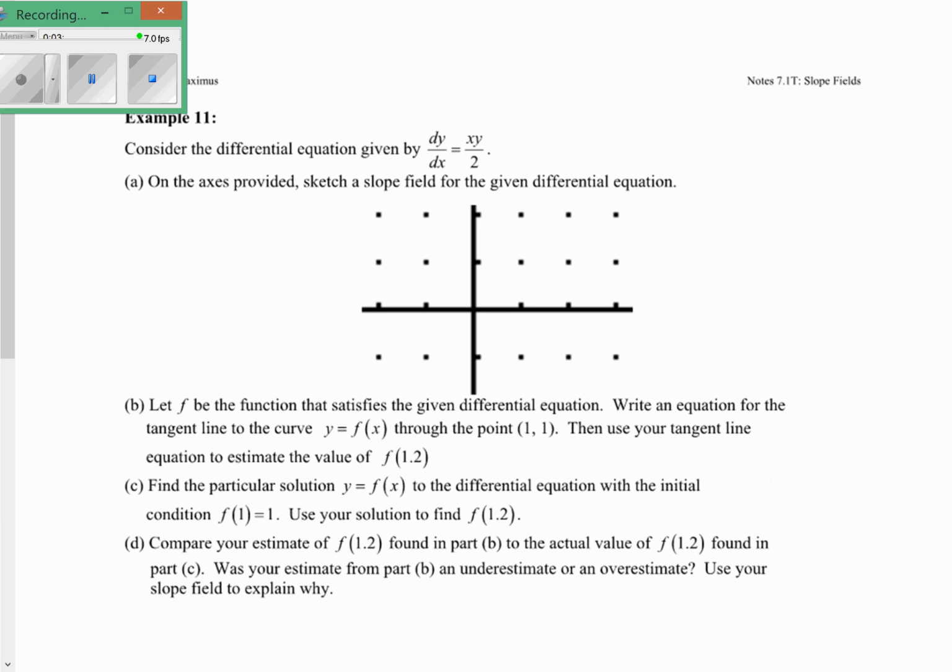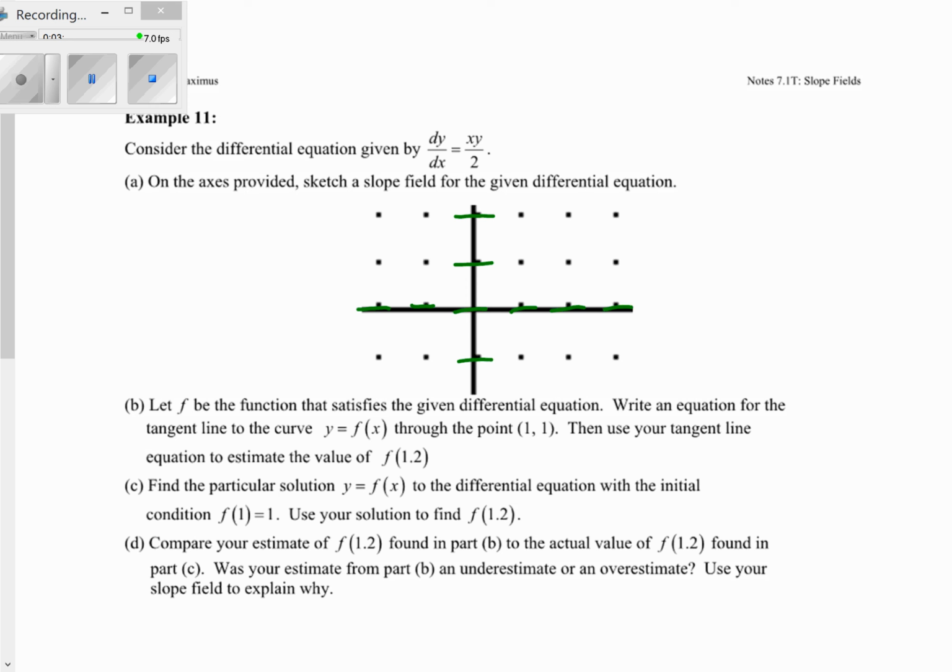All right, so this may be the last one that I'm going to do with you here, and then we'll talk about the other ones if you want. So sketch a slope field. This is something that you can do, but I notice anytime x or y is 0, I'm going to get a slope of 0. So I'm going to go ahead and put all of those in.